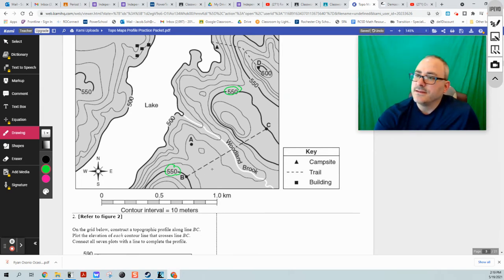Now, I am noticing that there is a woodland brook that goes through this area. And what do you know about water and contours? Well, hopefully you know that water flows downhill. So the fact that there's a creek in between, and B and C are the same elevation, tells me that this woodland brook is probably the lowest elevation.